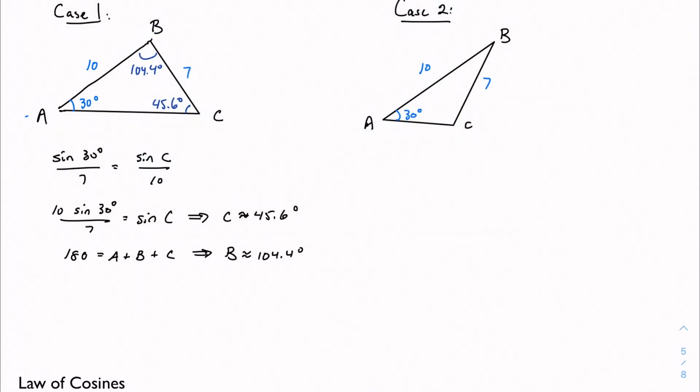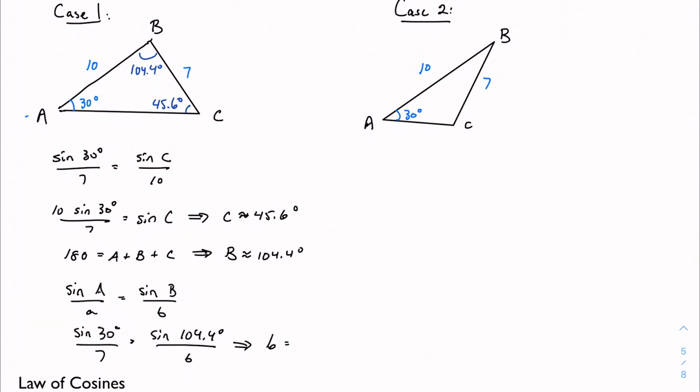And then I can use the law of sines one more time to find little b, to find side B. Sine B over b. Right, so I'd say sine 30 over 7 is sine 104.4 over whatever b is. And by cross multiplying, I'm going to get 7 sine 104.4 divided by sine 30. I get b approximately equal to 13.56.